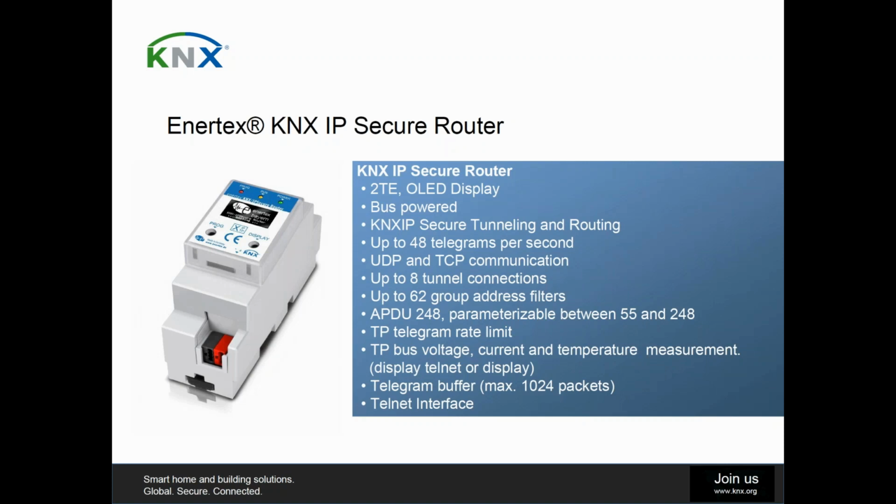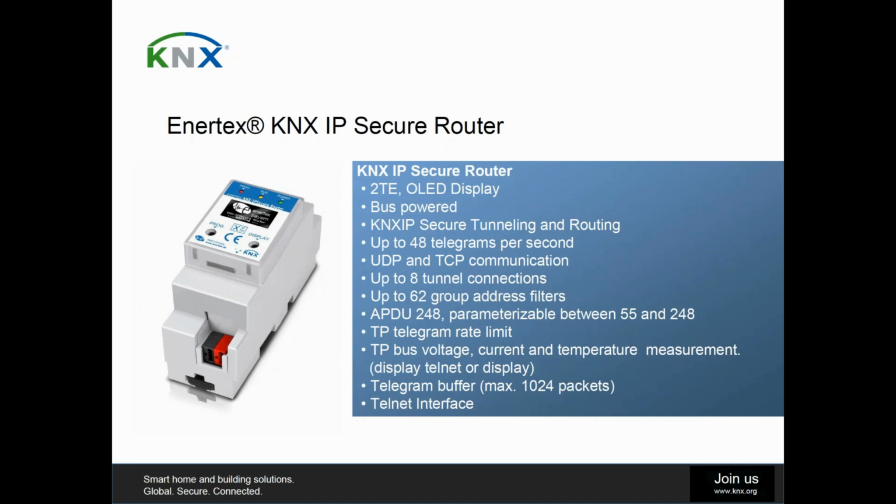And of course, it is UDP and TCP communication enabled. TCP communication is mandatory for every new KNX secure routing interface or router, tunneling or router. So this is a benefit for every new device, even if you use it just in plain mode.